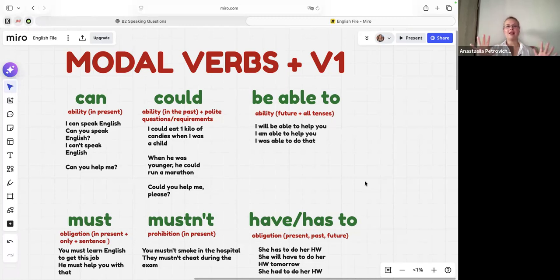So this is the key strategy actually for everything in learning languages. So that's first, you learn, you understand it. Secondly, you complete some exercises so that you can practice on paper, right? And only after that, you go and you push yourself into practicing that, into saying that as much as possible.